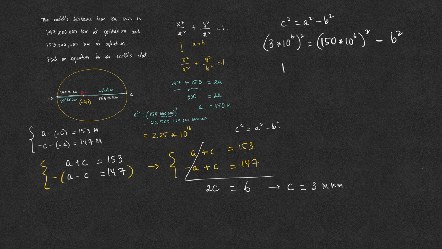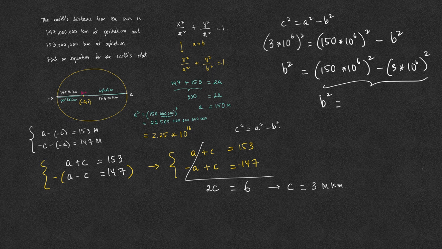We then move b squared to the left-hand side. The right-hand side is now 150 times 10 to the 6th power squared minus 3 times 10 to the 6th power squared. We then evaluate the right-hand side to obtain b squared equals 22,491 times 10 to the 12th power.